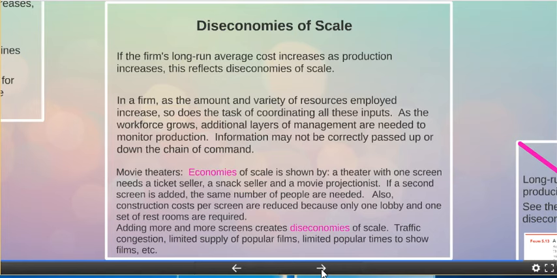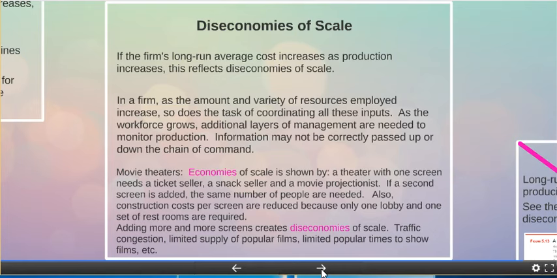The example in the slide here talks about movie theaters. Movie theaters experience both economies and diseconomies of scale. A theater with one screen needs someone to sell tickets, another one to sell popcorn, and yet another one to run a movie projector. If a second movie screen is added, the same staff can perform these tasks for both screens.